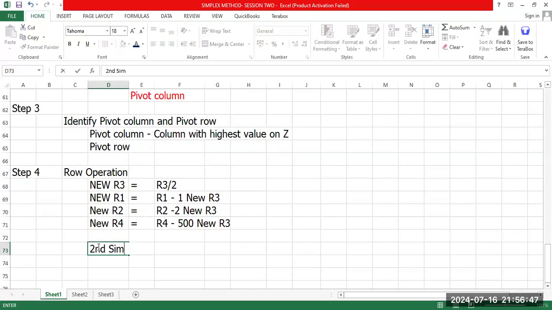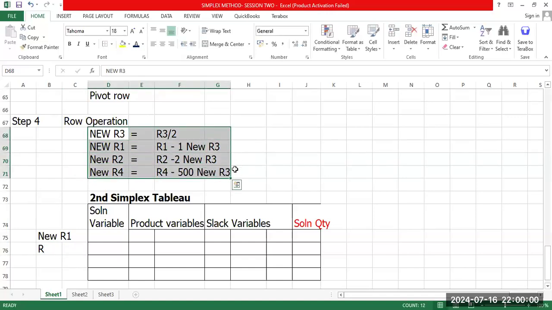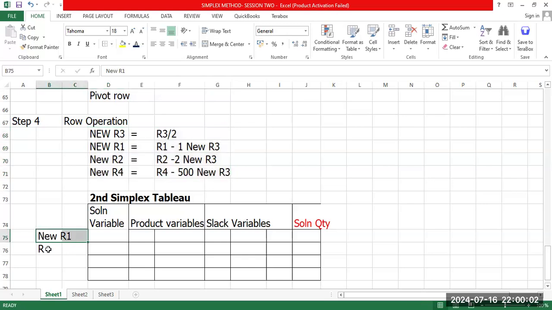Second simplex table. The second table, we are going to fill it by just following our formulas. These are our formulas. So this is your new row 1, this is your new row 2. This will be your row 3, new row 3, this will be your new row 4.